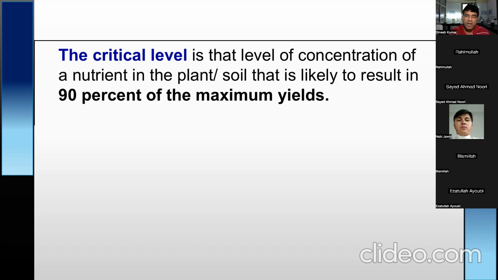Similarly, sometimes certain nutrients, particularly micronutrients like iron, manganese, zinc, copper, can be accumulated in much higher concentration than the optimum level. Those kinds of nutrients can cause toxicity. So there are two extremes. One extreme is deficiency, when nutrient levels are insufficient.